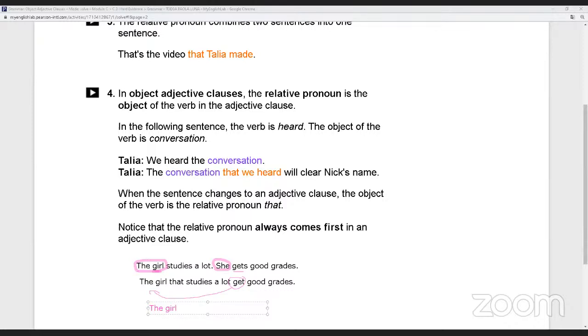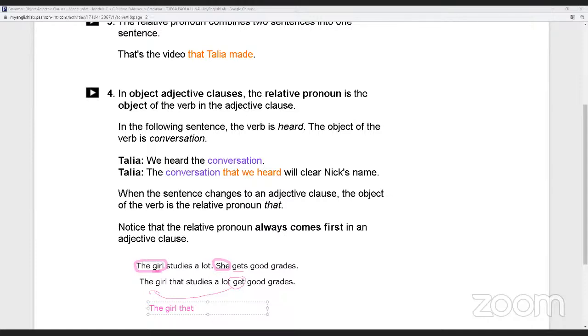Okay, so I have two options. I have to continue with the adjective clause. As I told you, it starts with the relative pronoun. We're gonna decide to use that, or we can also use who because we're talking about a person. The girl that, what else?